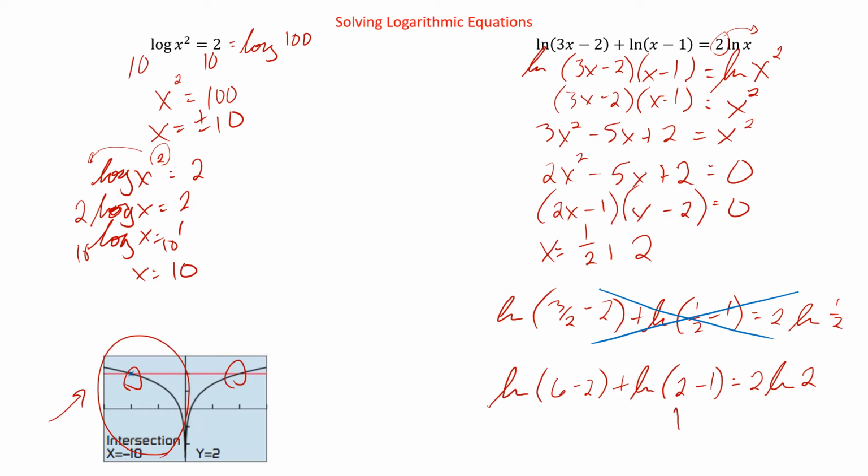This works out because natural log of 1 is equal to 0. So we get natural log of 4 equals natural log of 2 squared. So that works out. So the 1/2 doesn't work, but x does equal 2. And again, use a graph to check those answers. Make sure they make sense. Make sure you're not missing one. Make sure that they both work.